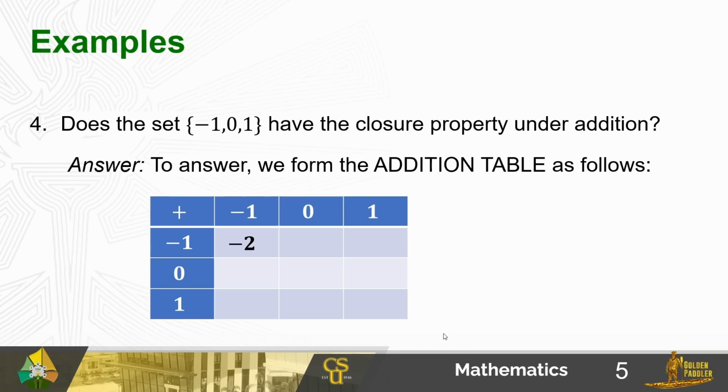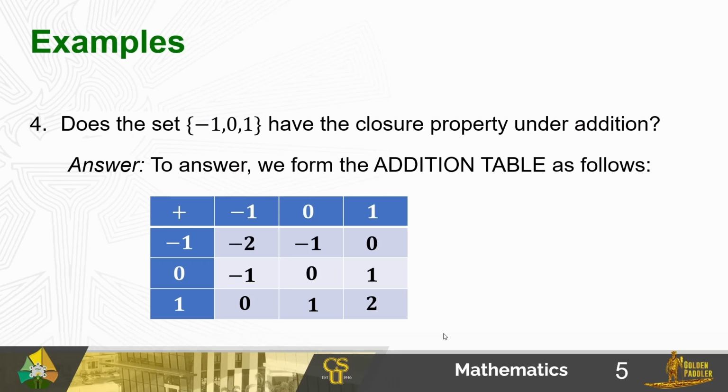Next, -1 plus 0. It is -1. -1 plus 1. The answer is 0. 0 plus -1, we get -1. 0 plus 0 is 0 and 0 plus 1 is 1. Also, 1 plus -1 is 0. 1 plus 0 is 1 and 1 plus 1 is 2.